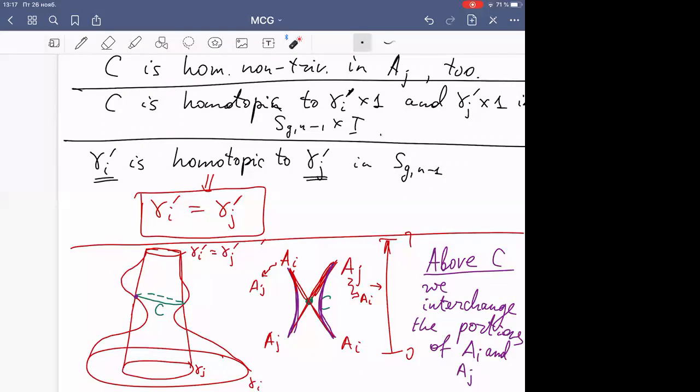The matter is that these two cylinders still lead to the same circle. So our destination, our goal is the same for both cylinders. So we can interchange them and no problem appears.